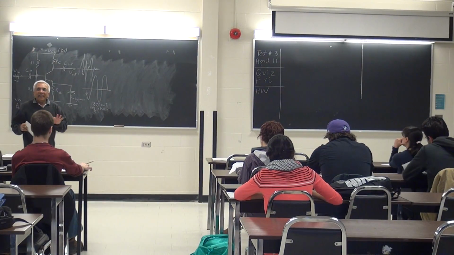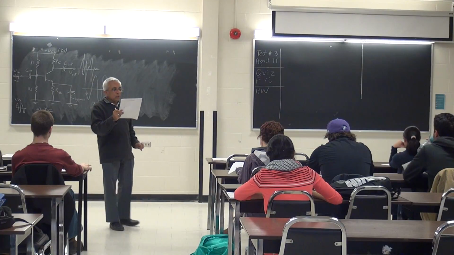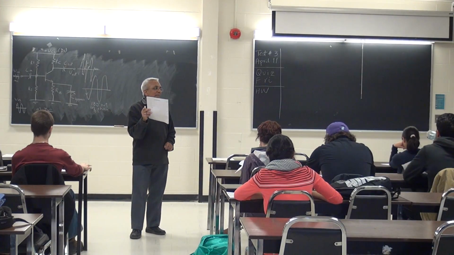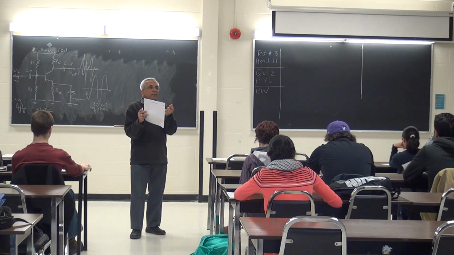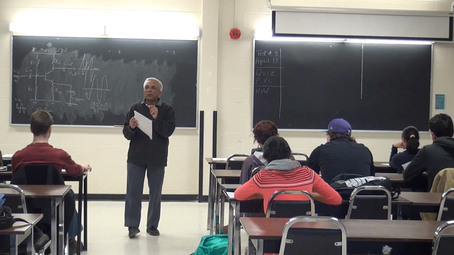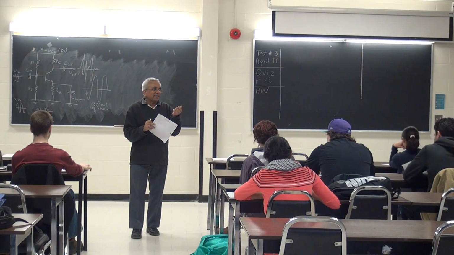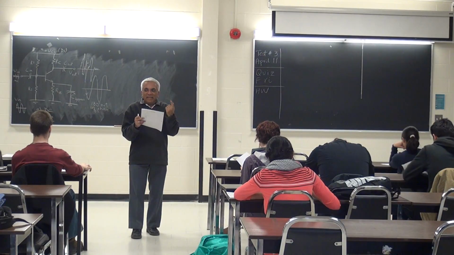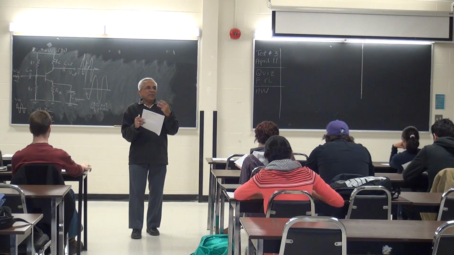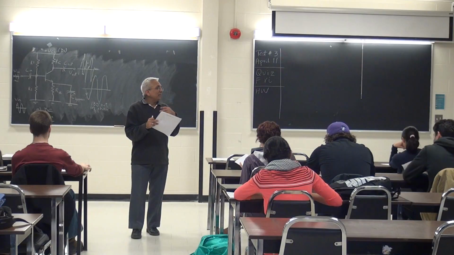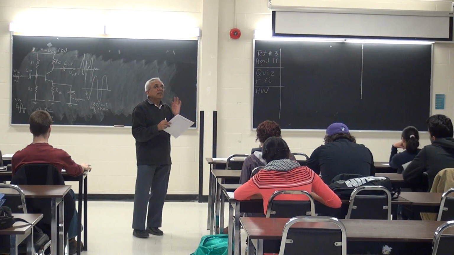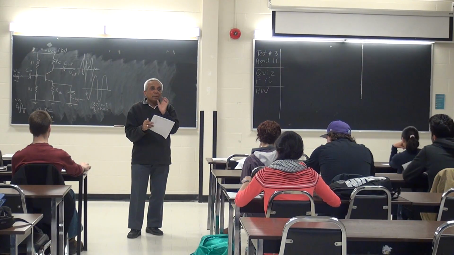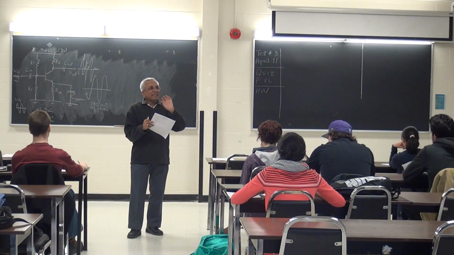So to keep everything in perspective, there's a note at the bottom of page 1. What does it say? DC voltages and currents will be labeled with uppercase letters of the alphabet. So VB, IB, VC, IC, VE, IE, if we label it with an uppercase, it means what? DC.